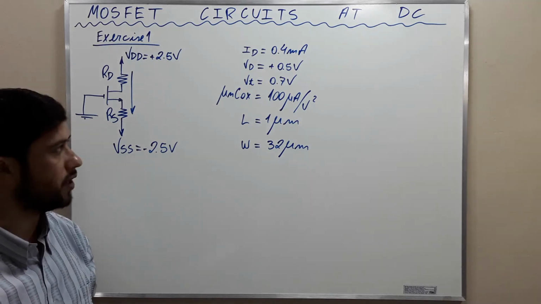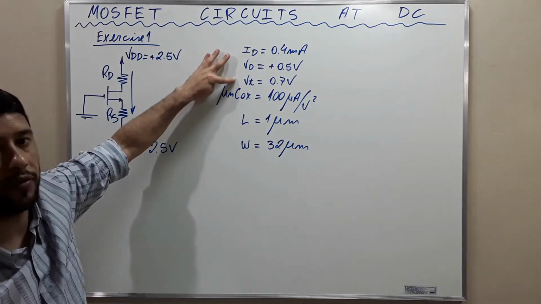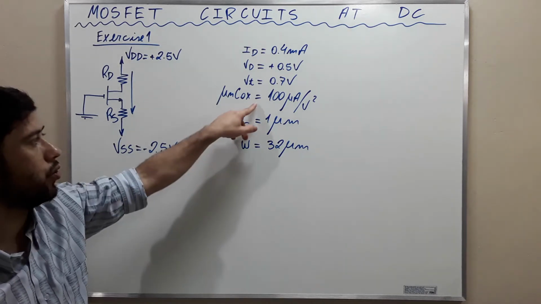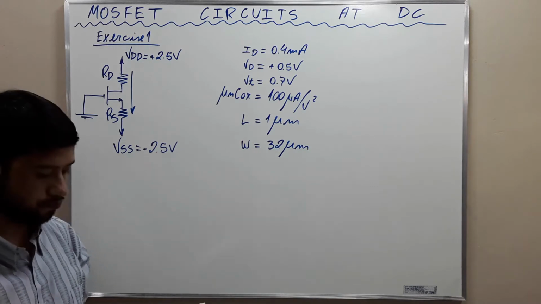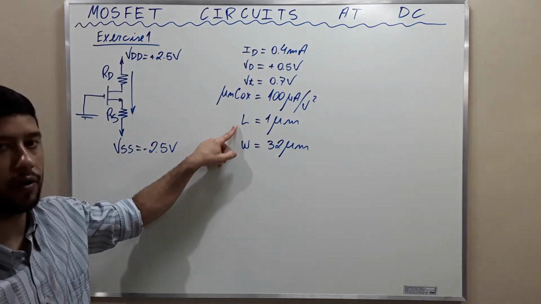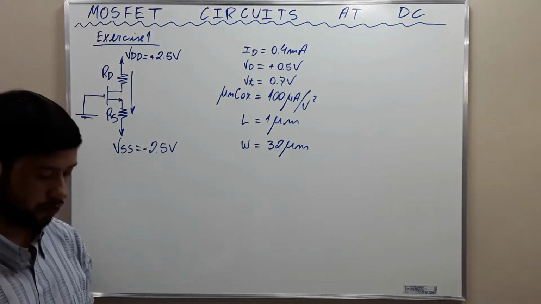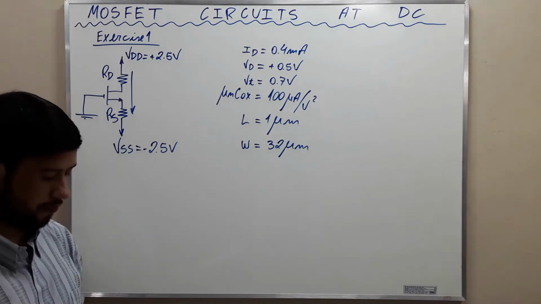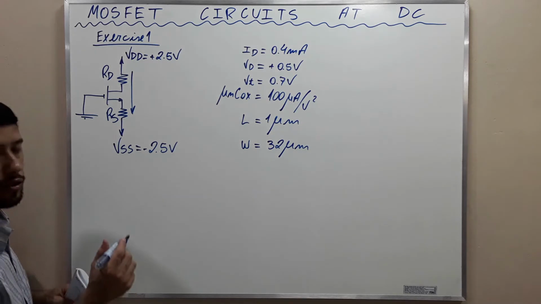The NMOS transistor has VT equal to 0.7 volts, μnCox equal to 100 microamperes per volt squared, L equal to 1 micrometer, and W equal to 32 micrometers. Neglect the channel modulation effect. Okay, my friends, let's go to the solution.